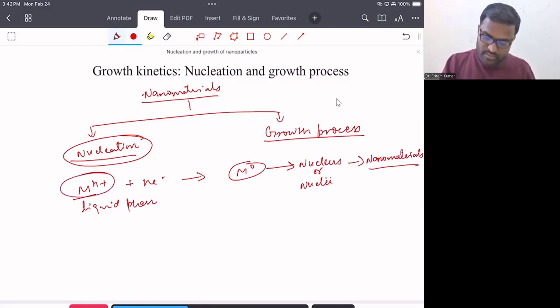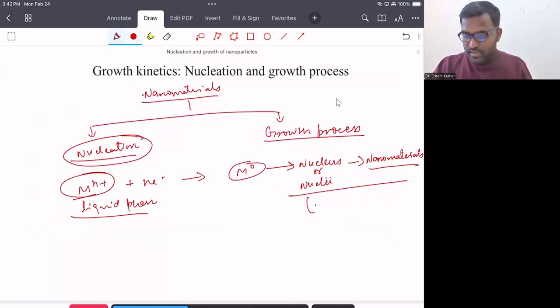Here, the metal salt is in the liquid phase, however the nucleus is in the solid phase. That's why the nucleation process is the first process, starting with a new thermodynamic phase, going from the liquid phase to the solid phase.